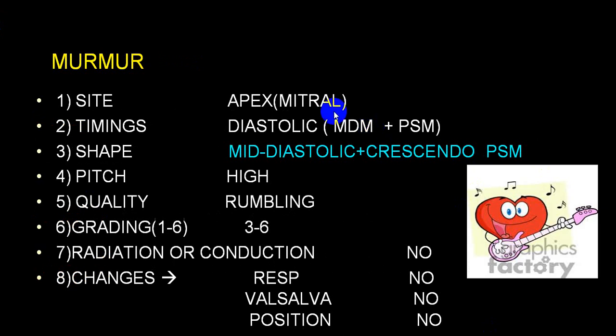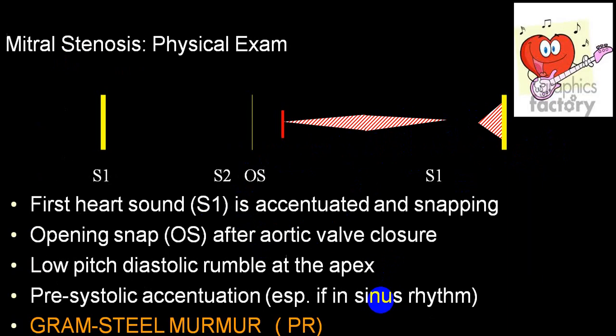Chest pain may be because of coronary microembolization, or there is an increased load on the right ventricle, etc. We already described that the murmur will be best in the mitral area. It will be a mid-diastolic murmur with presystolic accentuation, or a presystolic crescendo murmur, rumbling in character, grade 3 to 6, not 6, but it is usually grade 3 or 4.